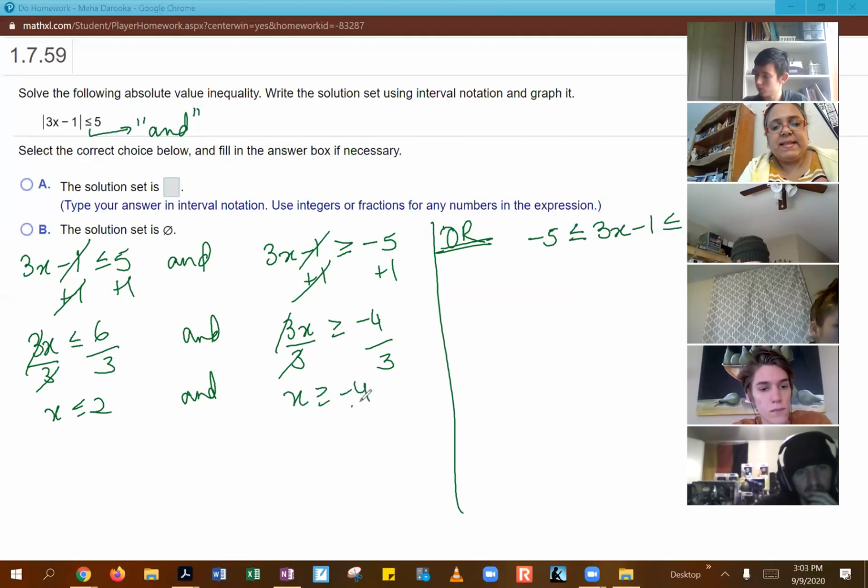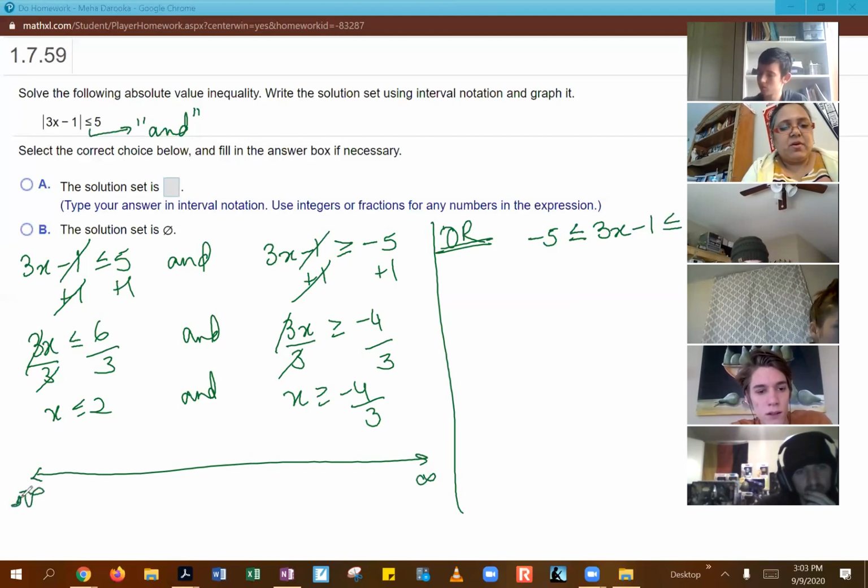Now, since this is an "and" inequality, that means we are looking at the intersection. So we are going from positive 2 and negative 4/3. So this guy is saying x is less than or equal to 2, so of course you're going to the left-hand side.